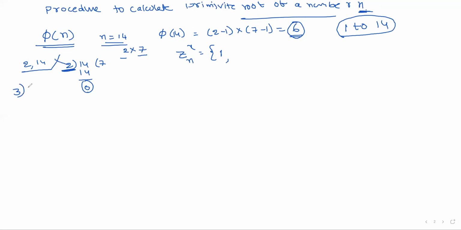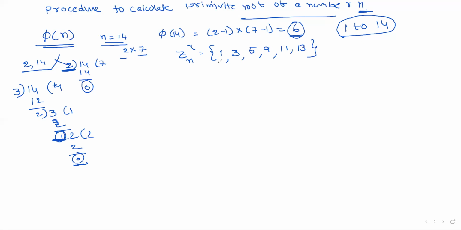Now calculate 3 with 14. 3 4s are 12, the remainder is 2. Then 2 1s are 2, the remainder is 0 when dividing. So the GCD is equal to 1, so 3 is relatively prime. In a similar fashion, 5, 9, 11, 13. These are the 6 numbers that are relatively prime to 14. So the second step is completed.